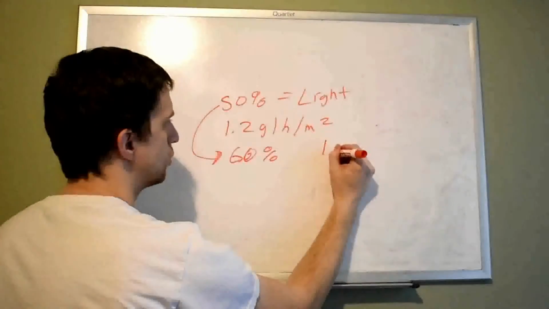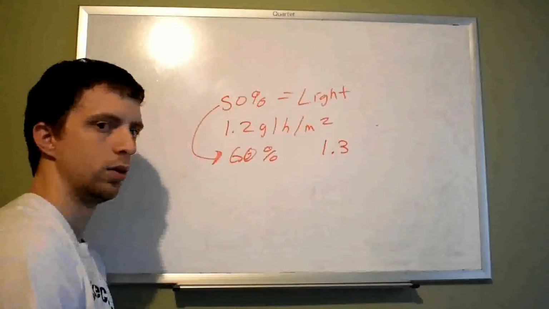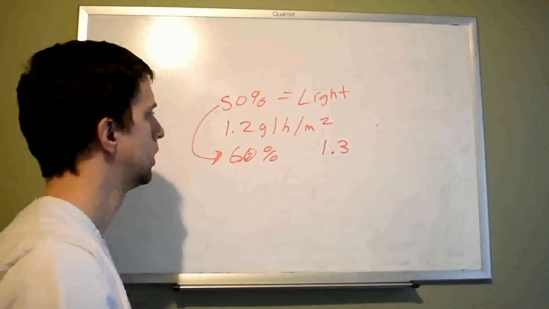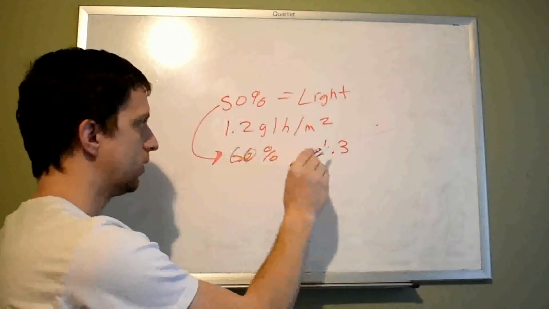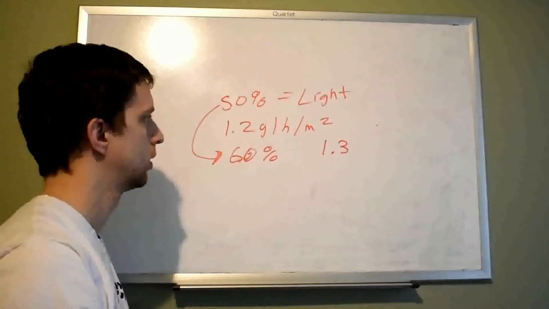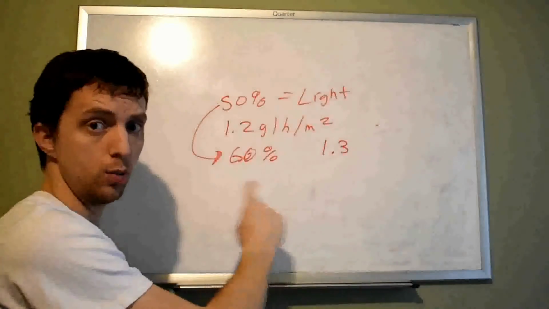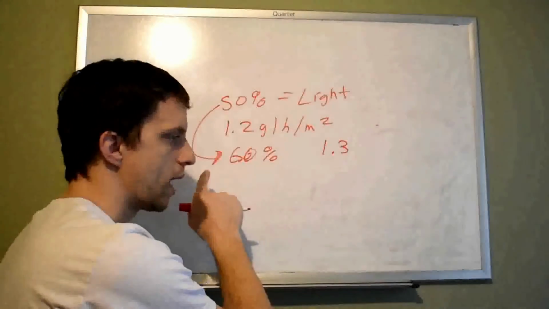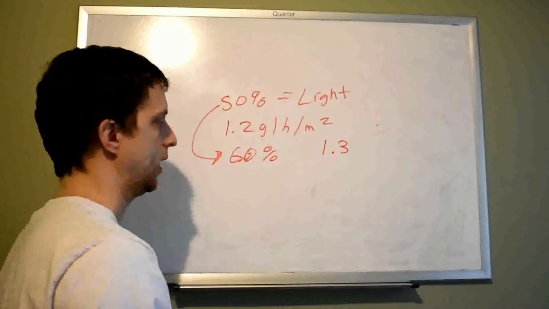Right? Maybe it goes to 1.3. And if everything else stayed the same, which is hard to determine, but if we can estimate or take a guess that we are using more light, we need more light. Our plants are not getting enough light. We can get more growth if we add 10%.